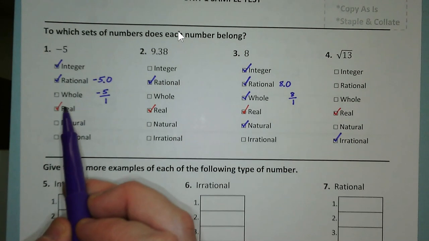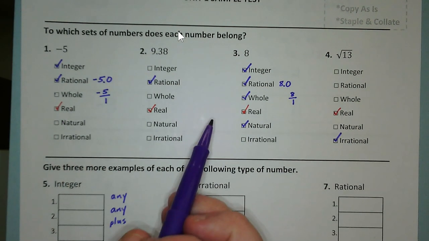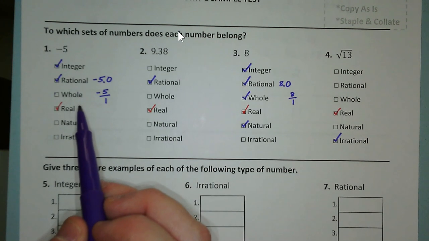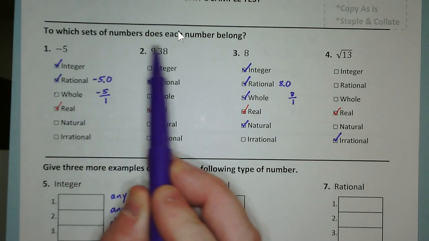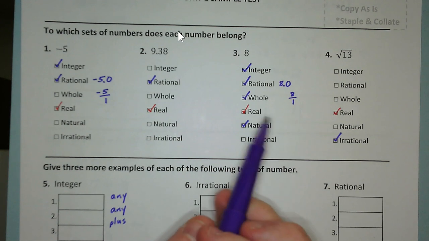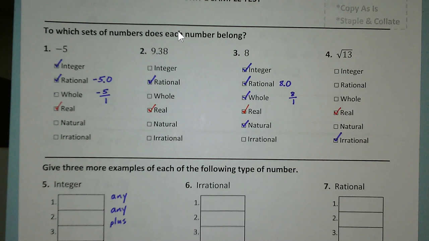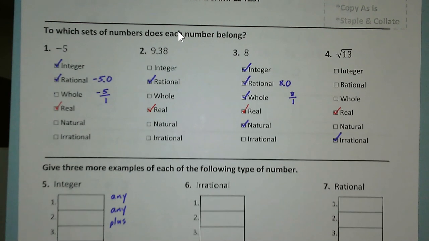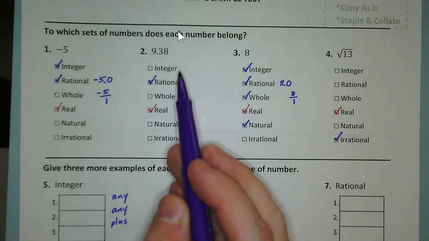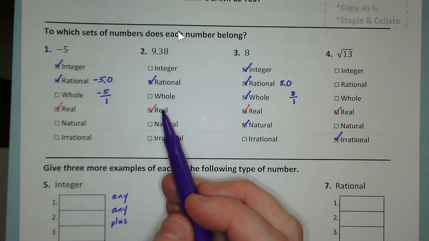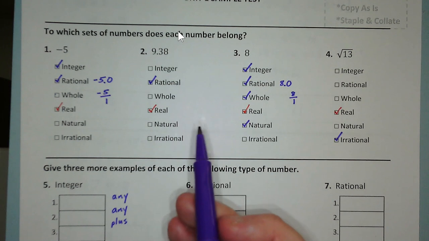Now, you don't really need to worry about that on the test. But just FYI, all of these numbers are real. So every number you know about, whether it's a natural number or a rational number or an irrational number, they're all at least real numbers. All this stuff falls under the real umbrella. But you don't need to know that for the test.